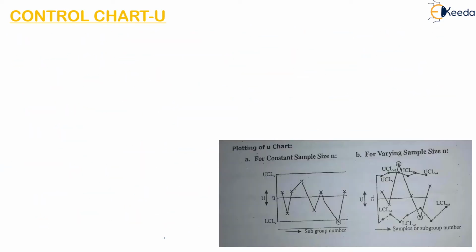The next thing we find is the process average, denoted as U bar. We write it as sigma of C divided by sigma of n.